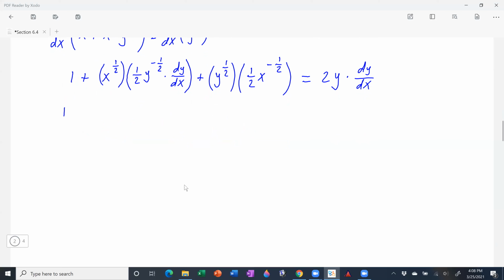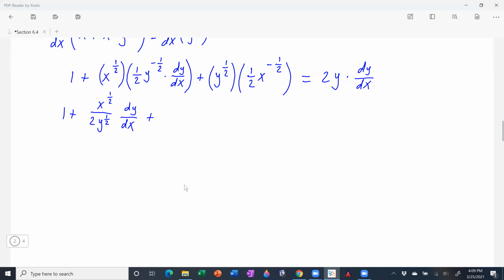So let's go, how about 1 plus, okay, what's going on here? I see x to the 1/2, and I also see this 1/2 y to the negative 1/2, so I'm going to put the 2 from the 1/2 down there, and the y to a positive 1/2 down there. Just a little bit of cleaning up, and then we still have that this is times dy/dx.